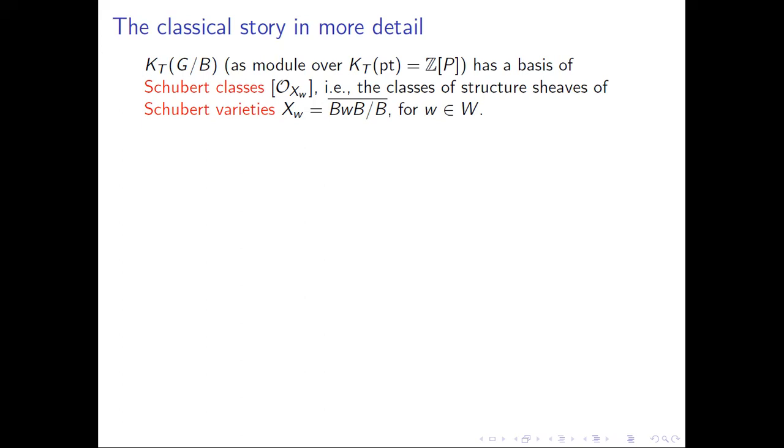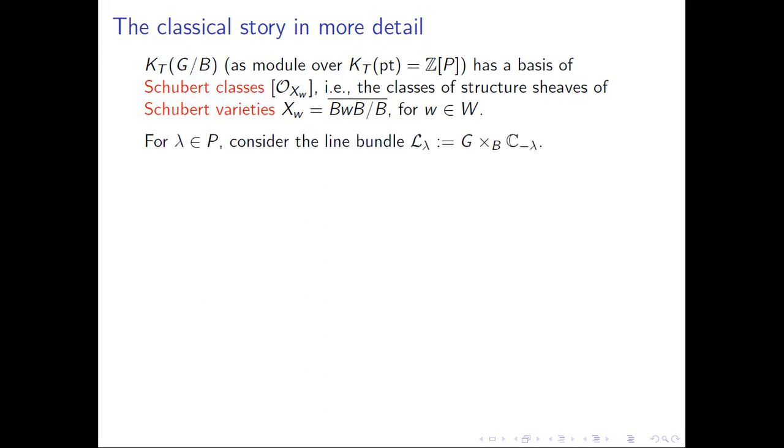And this has a basis of Schubert classes, denoted like this. These are classes of structure sheaves of Schubert varieties, defined as the closures of these orbits BW, B mod B. So they're indexed by elements of the finite Weyl group.